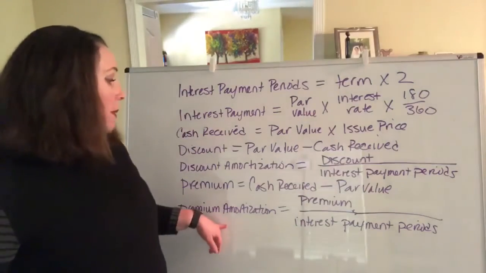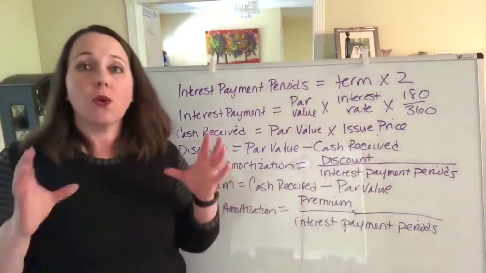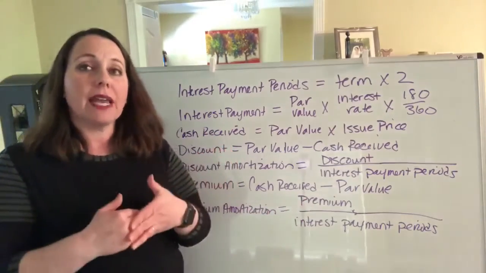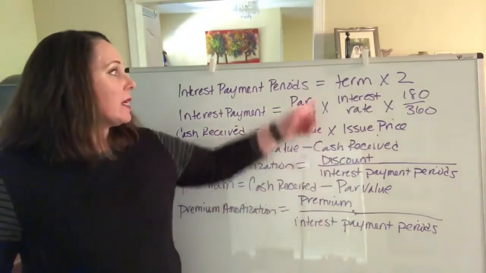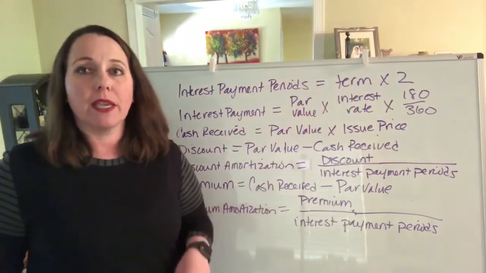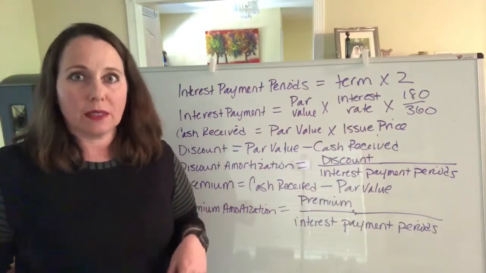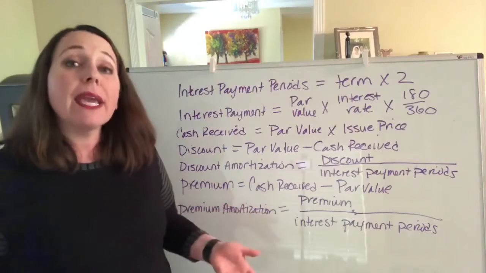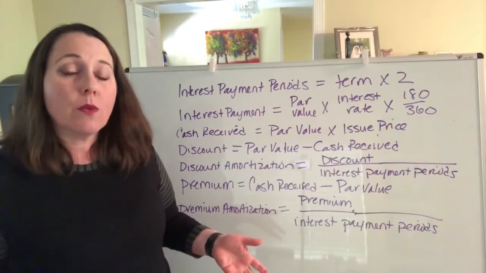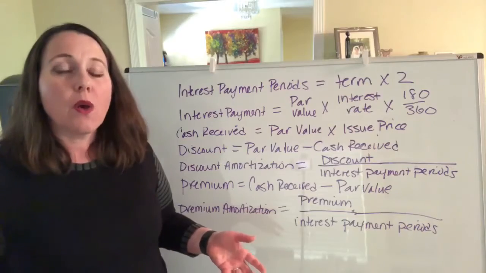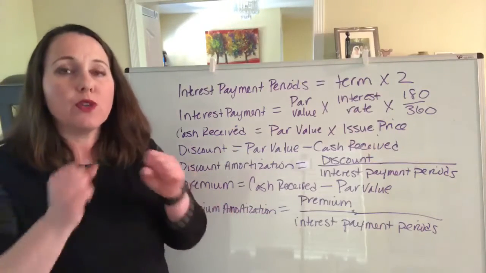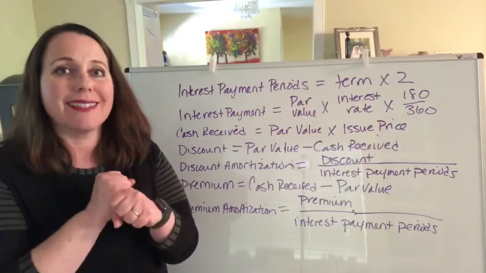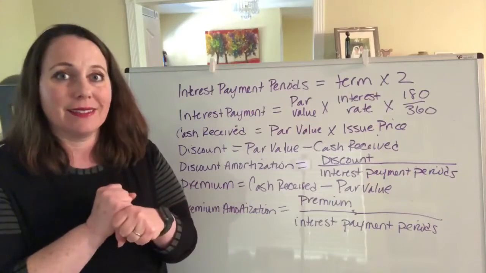And then premium amortization is going to be the total amount of our premium divided by interest payment periods, the number of times we are paying interest, because we'll amortize a little bit of that premium every single time we pay interest. By the time we've made all of our interest payments, when we retire the bond, we want that discount or premium to be 0. We want to have amortized the entire thing.